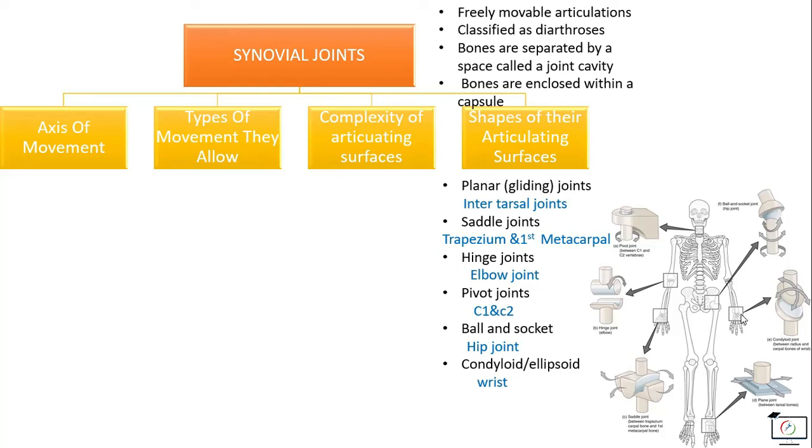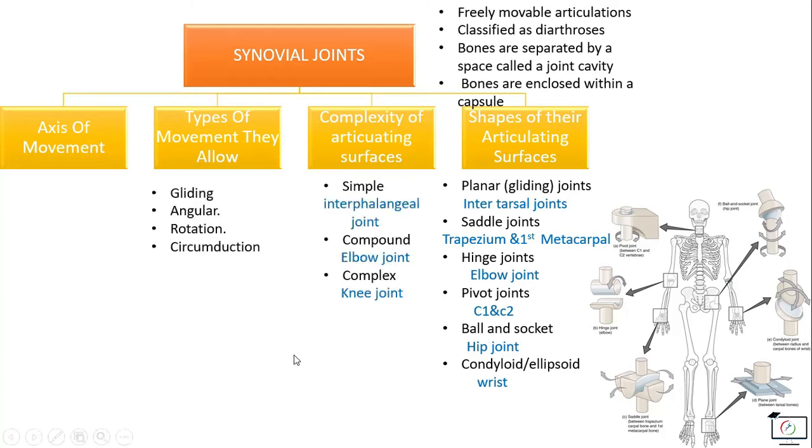The example of the condyloid joint is the joint between the radius and the carpal bones of the wrist. According to the complexity of the articulating surface, in a simple joint, two bones articulate together to form a joint, while in a compound joint, more than two bones articulate together. In a complex joint, more than two bones articulate together and the articulating surface has an intra-articular disc or menisci.